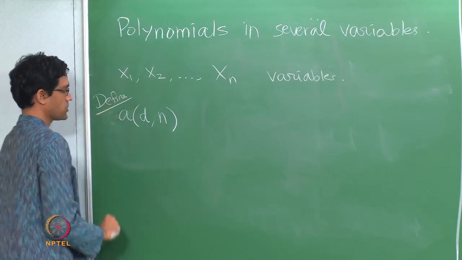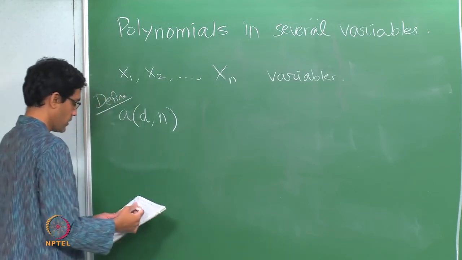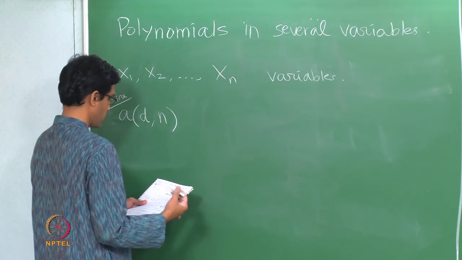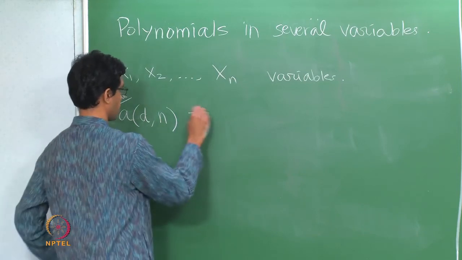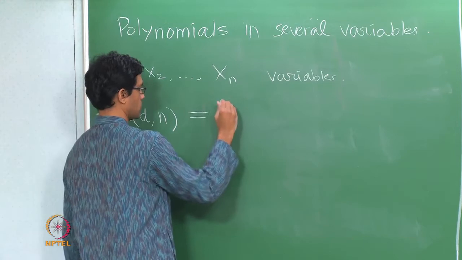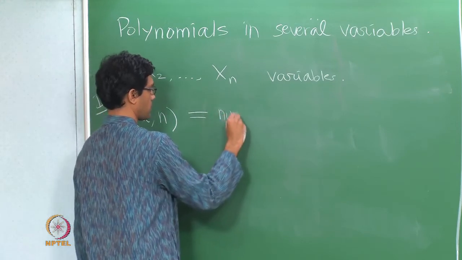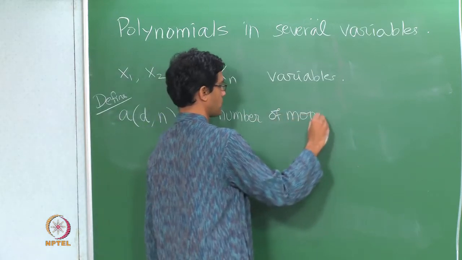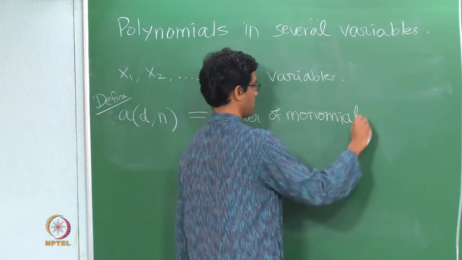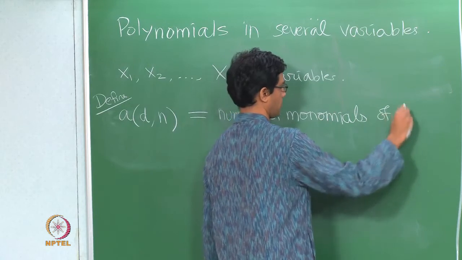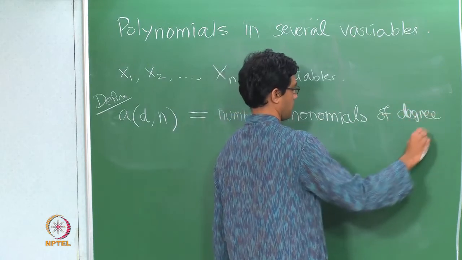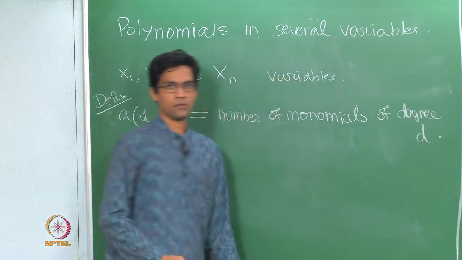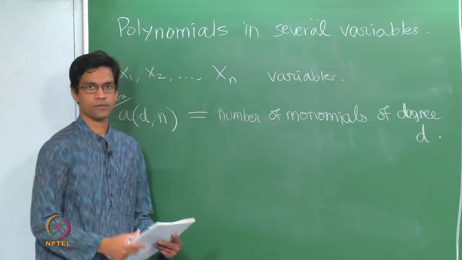So we defined, for each positive d, a number called a d n, which was defined to be the number of monomials of degree d in these n variables, of course.